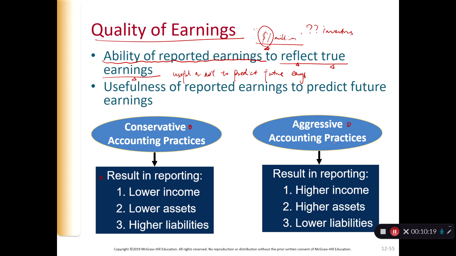But aggressive accounting practice will always report higher income than what is actually earned, higher assets than what the company actually has, and lower liabilities than what the company actually owes. So there are two distinct attitudes or strategies that business owners convey to investors. They can be very conservative, always reporting bad news and the lowest possibility of things happening, or a very aggressive reporter that always reports the best scenario to investors.